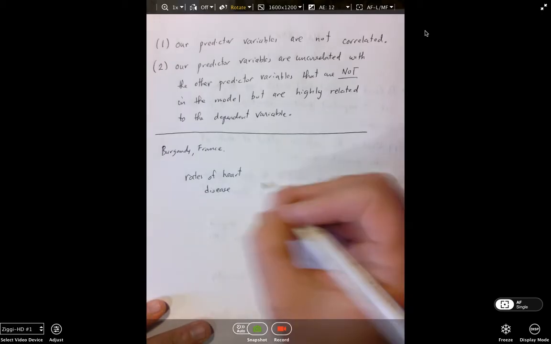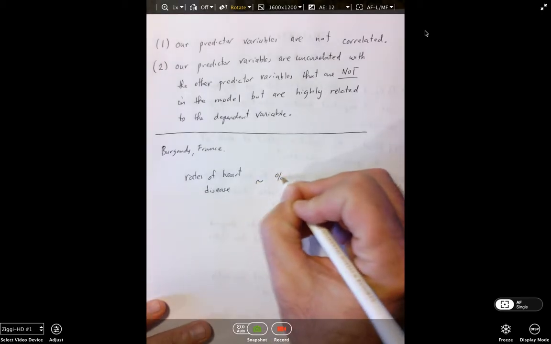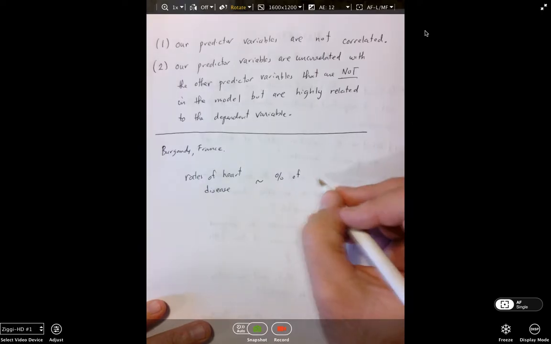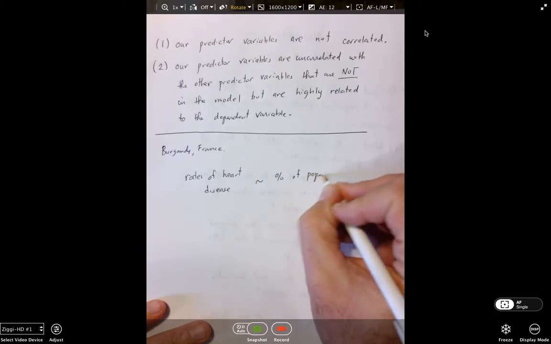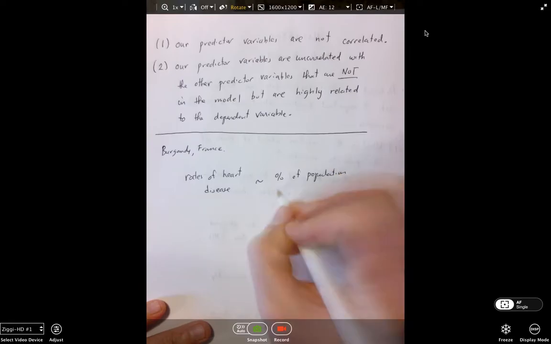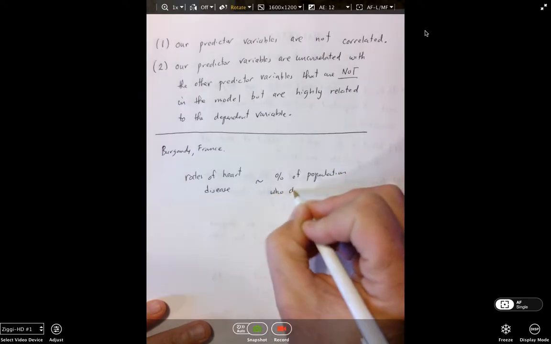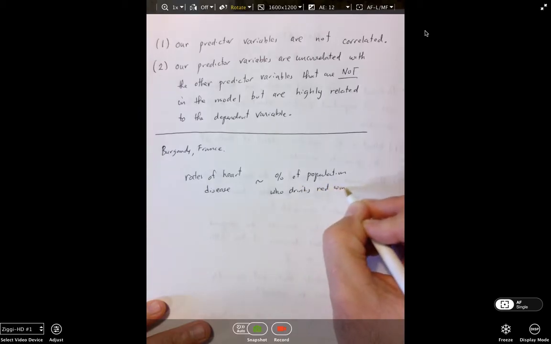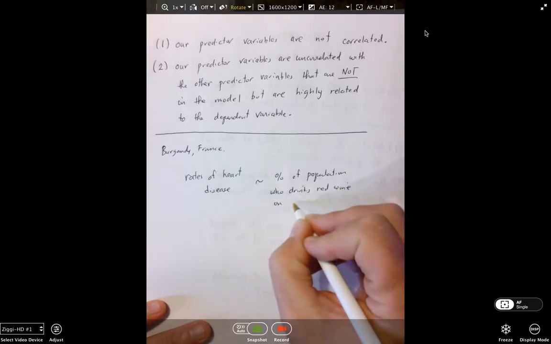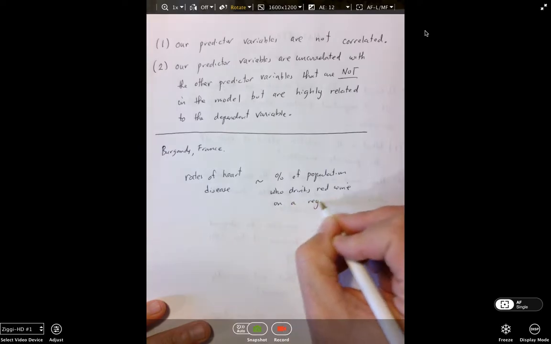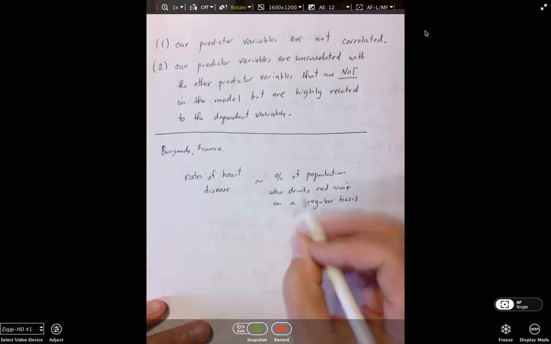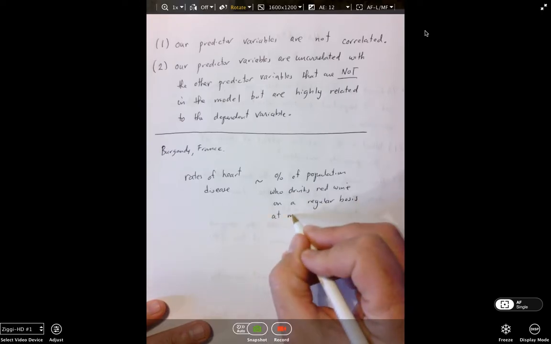So they wanted to see if this was related to the percentage of the population who drinks red wine on a regular basis at moderation.